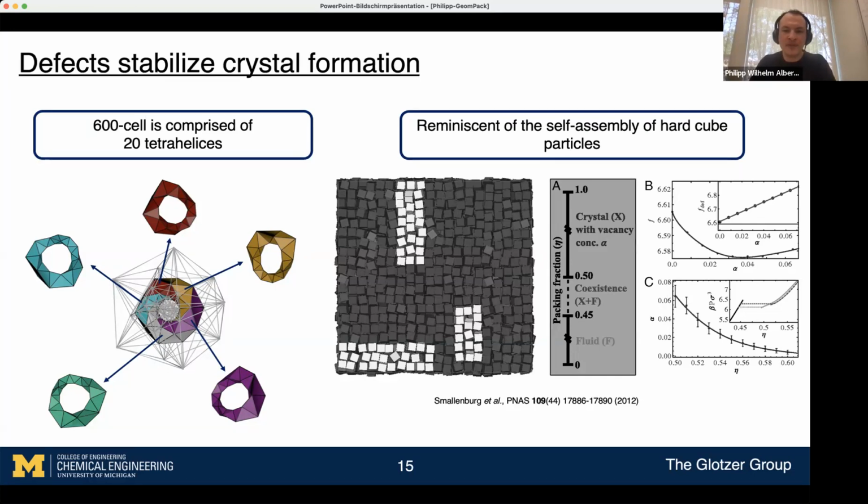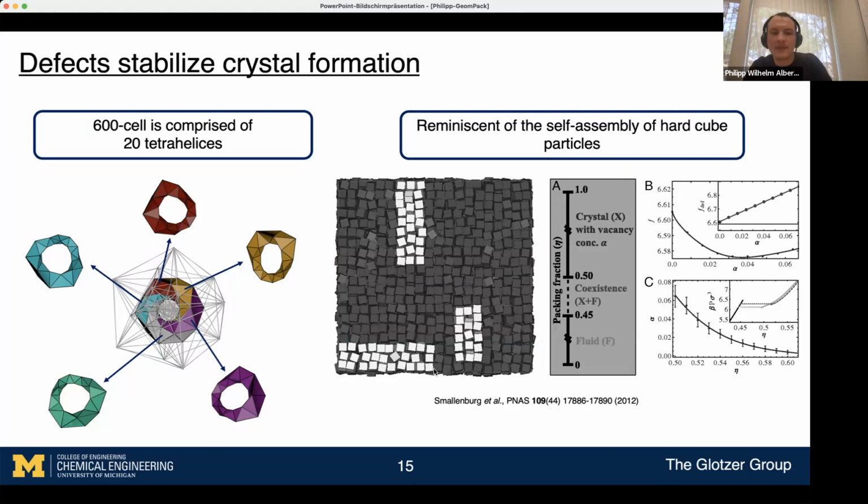And this is because in the simple cubic phase, you get these glide planes, and you can easily slide one particle along one of these linear rows, which you can see here indicated in white.